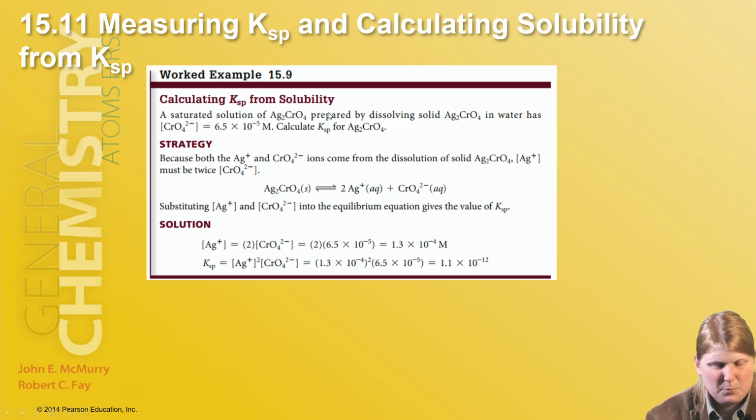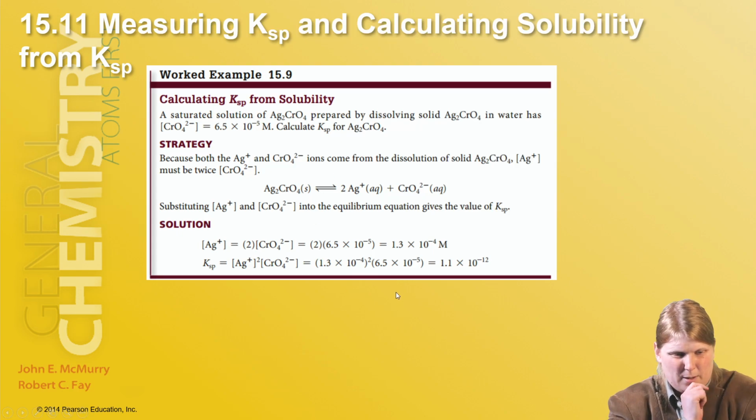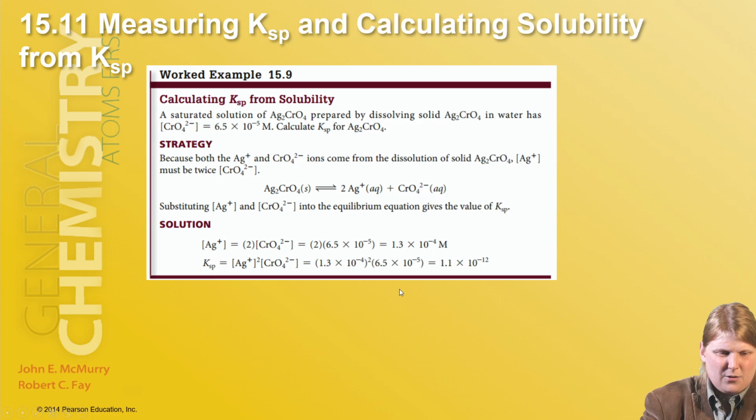Now calculating Ksp from solubility, this is where it gets a little more complicated. So they tell me that it has a solubility, okay, so saturated solutions are prepared by dissolving solid silver chromate in water, and it has a chromate concentration of this. Calculate Ksp.